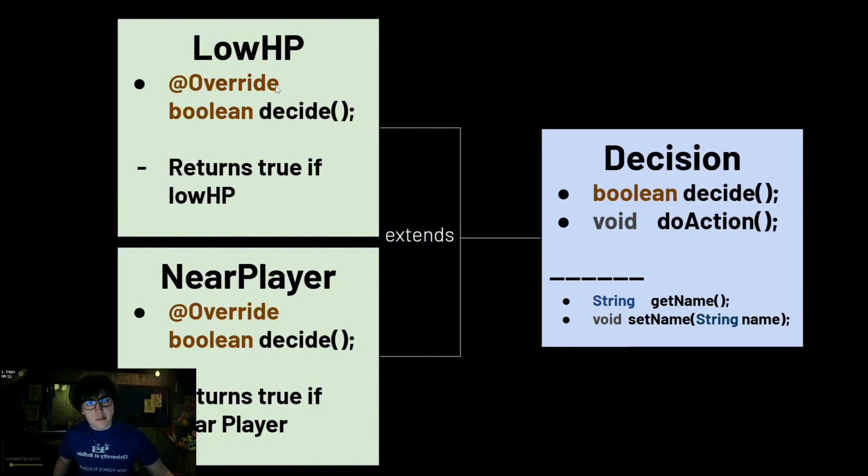So here I present two decisions because these two classes here are children of decision. And for example, we're going to take a look at low HP. I override the decide method in low HP, and I say that decide will return true if whatever behavior we're on, say like a dynamic object, is at low HP. We might pass in some parameters to actually compute that. But what I'm just trying to convey to you guys is that we could override this decide behavior in our child classes that extend a decision.